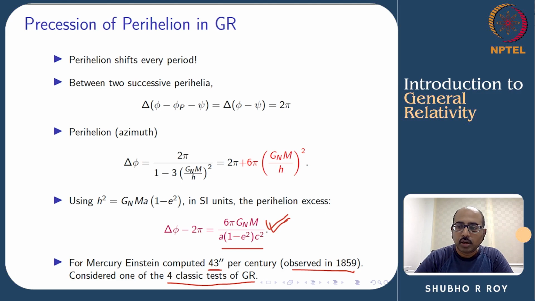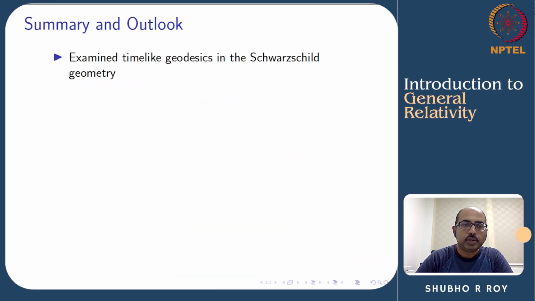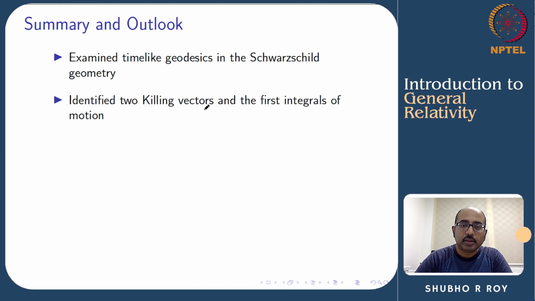All right. With that, we are done with our lecture agenda, and let's provide a summary and an outlook for today's lecture. So we examined time-like geodesics in the Schwarzschild geometry because we wanted to know about the motion of planets and comets around the sun, around a spherical object like the sun. And the way we did the analysis is first we identified 2 Killing vectors, which led to 2 first integrals or conserved charges.